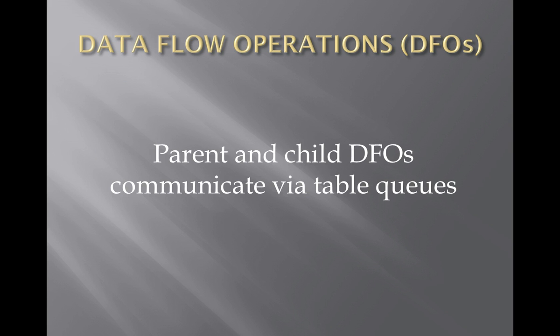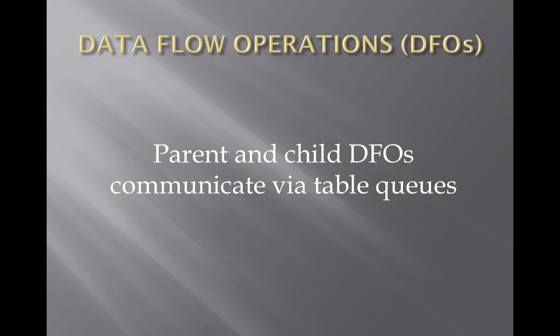And if we need to redistribute data, then we will have a parent and a child data flow operation, and these DFOs will then exchange the data, communicate via so-called table queues, and these are also sometimes called virtual tables. But I think table queues is the more common term.